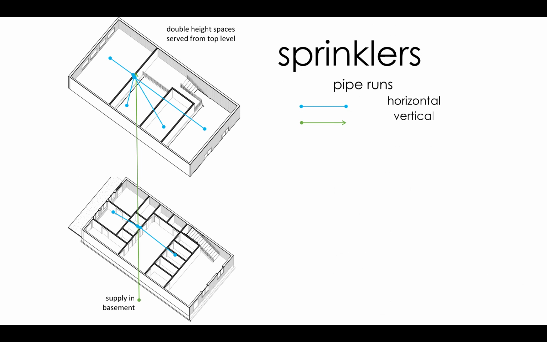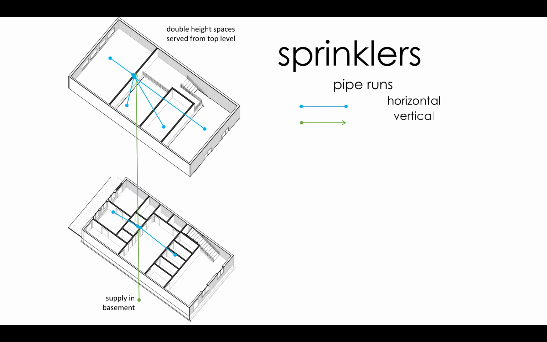Anyway, even things like sprinklers in schematic design, you don't need to know where every sprinkler head is. That's too much detail. But what you do need to know is how is the water going to get to the sprinkler pipes, and where are those sprinkler pipes going to run?